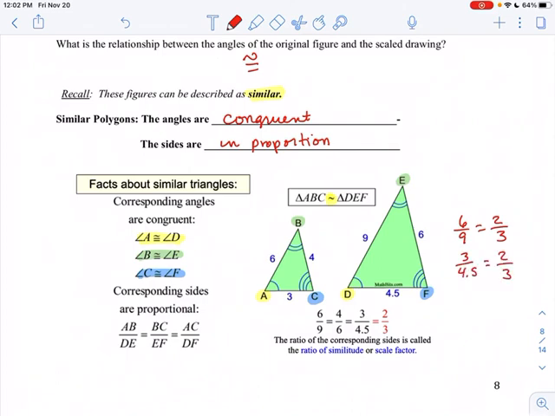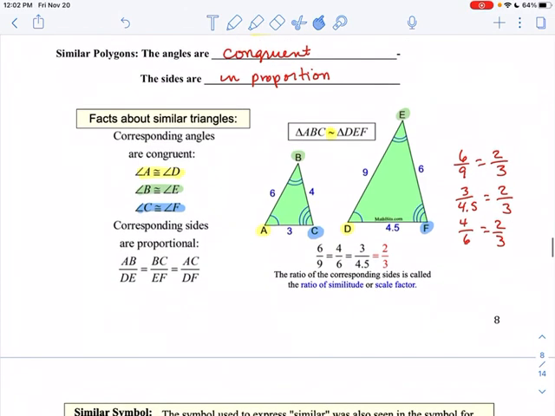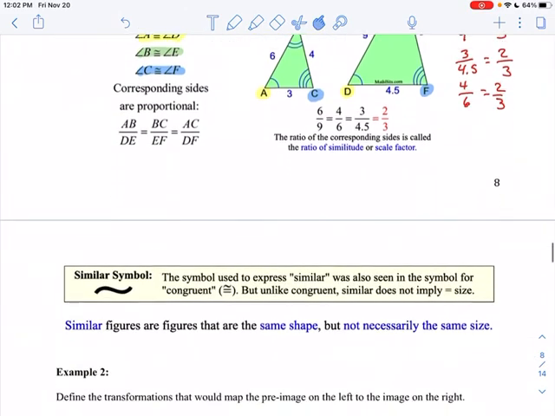All of these sides reduce to the same number. 4/6 reduces to 2/3. Okay, so those sides are in proportion to one another. I can actually make a proportion, and we're going to do that more probably in the next unit. We're going to set up proportions and solve for the missing side. But for right now, you should know the angles are congruent and the sides are in proportion.